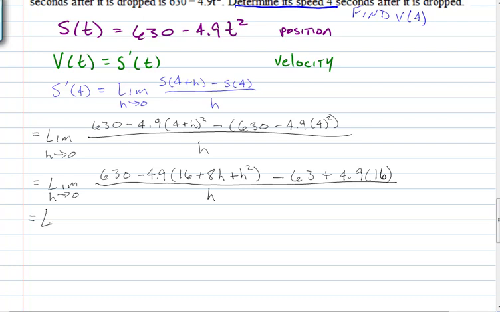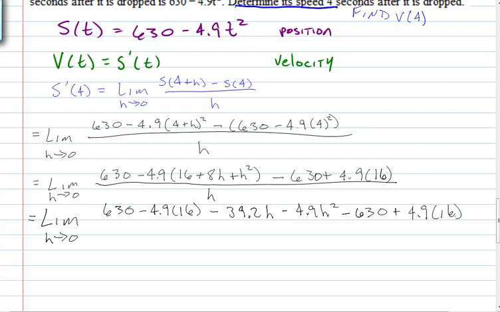So this is going to be the limit as h approaches 0 of 630 minus 4.9 times 16 minus, what's 4.9 times 8? That one I need. 39.2h minus 4.9h squared minus 630 plus 4.9 times 16 all over h.